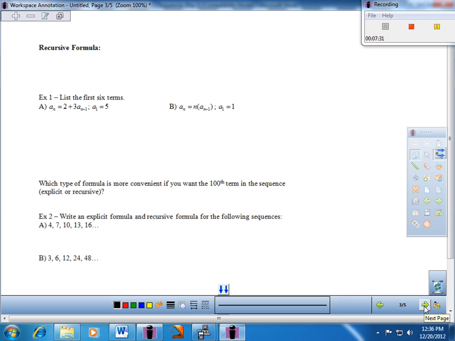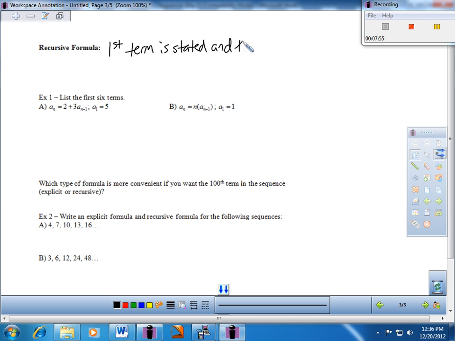So let's go to your notes worksheet here. Here's where it says recursive formula. A couple things to start out here. Generally speaking, this will be the case. The first term has to be stated. Once you have that first term stated, you know where to start, and then you have the algebraic rule to tell you where to go from there.